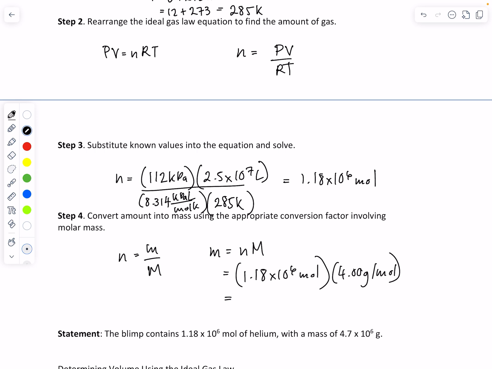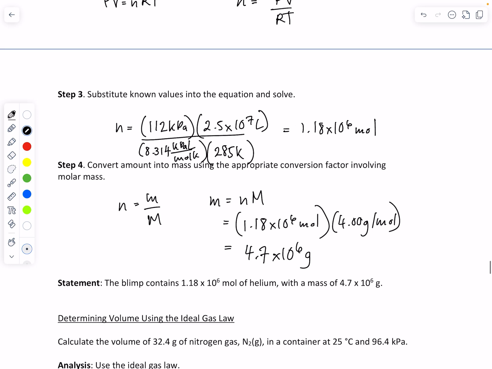If we punch this in, we end up with a mass of 4.7 times 10 to the power of 6 grams. Therefore, the blimp contains 1.18 times 10 to the power of 6 moles and 4.7 times 10 to the power of 6 grams of helium.